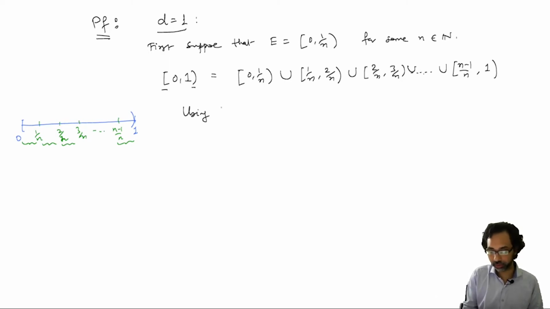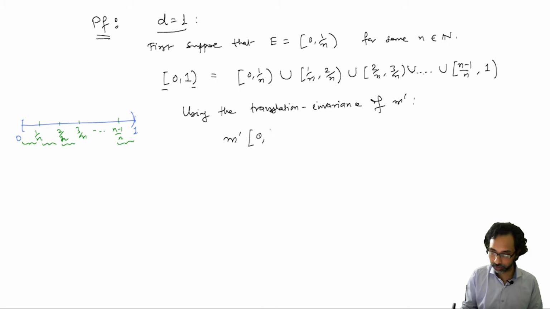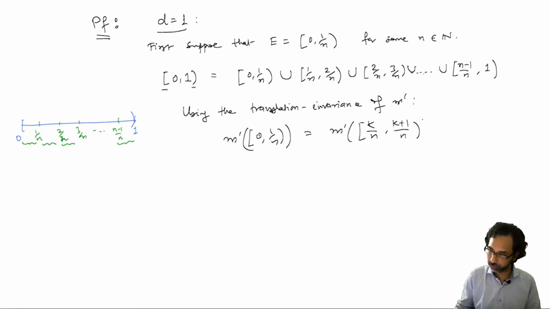So using the translation invariance of m prime, we get that m prime of this set [0, 1/n) is equal to m prime of any set [k/n, (k+1)/n), where k ranges between 1, 2 up to n minus 1, because it is just translating by this number k by n.